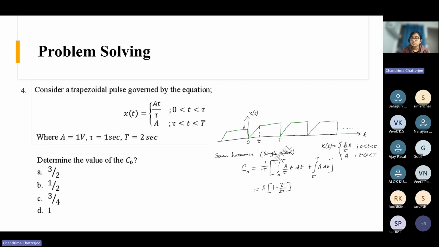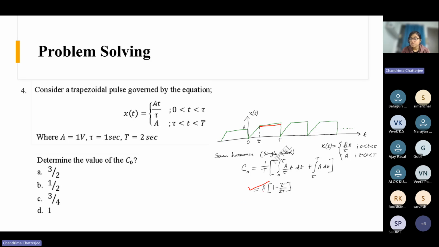This was covered in the lecture itself actually. If you perform this integration from 0 to tau, there is this ramp, that is At by tau dt, and then from tau to T it is constant at a value A, so A dt. If you perform this integration and replace t by tau, then you will get this expression: A times (1 minus tau by 2T).